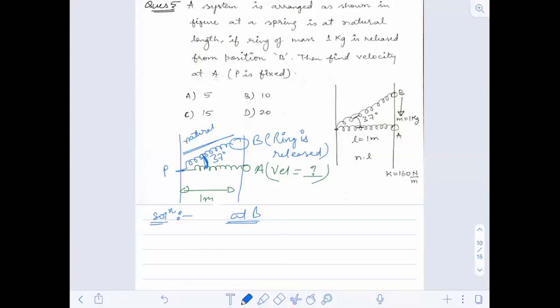You have to just equate the energies in the initial and final states. I'll give you some hints and then I will leave this question.